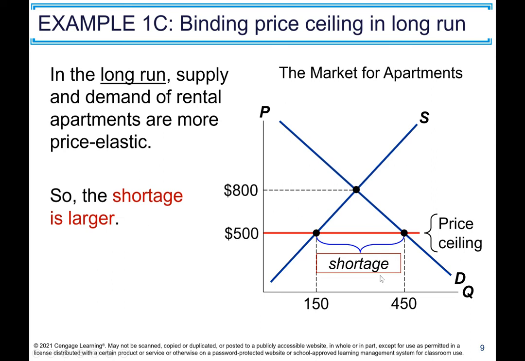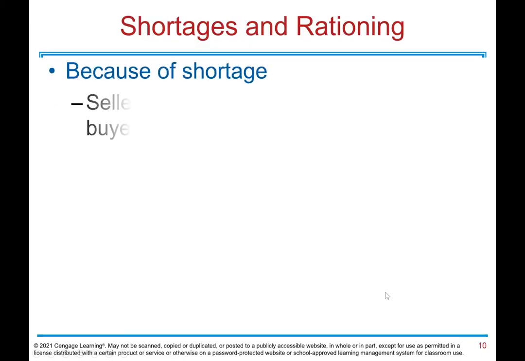When the shortage is larger in the long run, the problem gets worse. Here in this example, in the long run, 450 will be demanded and 150 will be supplied, which means the shortage has gotten larger, to 300.